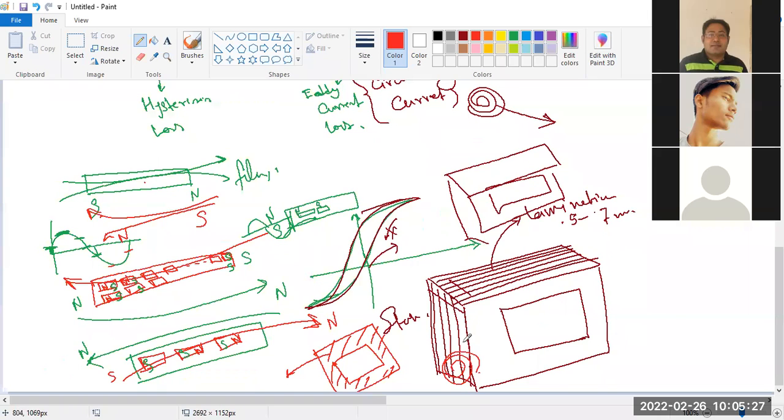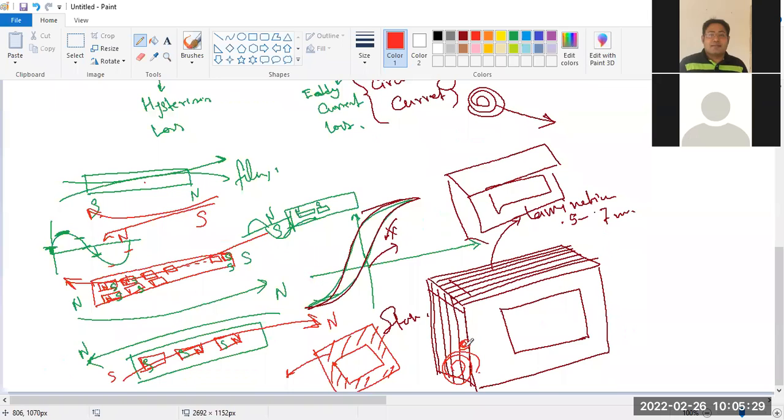So the eddy current occurs in a small portion and stays there. That's why we are using lamination with varnishing, meaning insulating material lamination. Then it will reduce this eddy current.